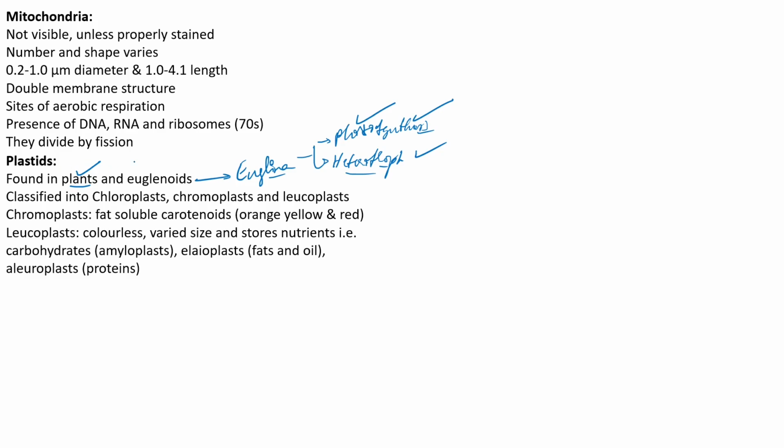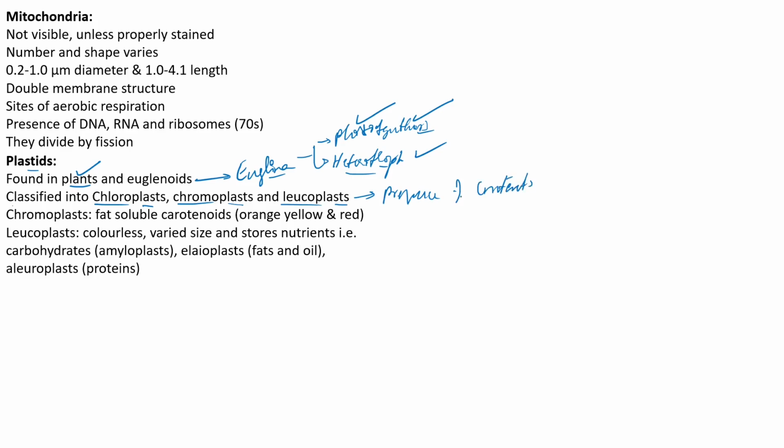Now let us look into the classification of the plastids. The plastids are mainly classified into the chloroplasts, the chromoplasts, and the last one, the leucoplasts. This classification is mainly based on the criterion of their contents.